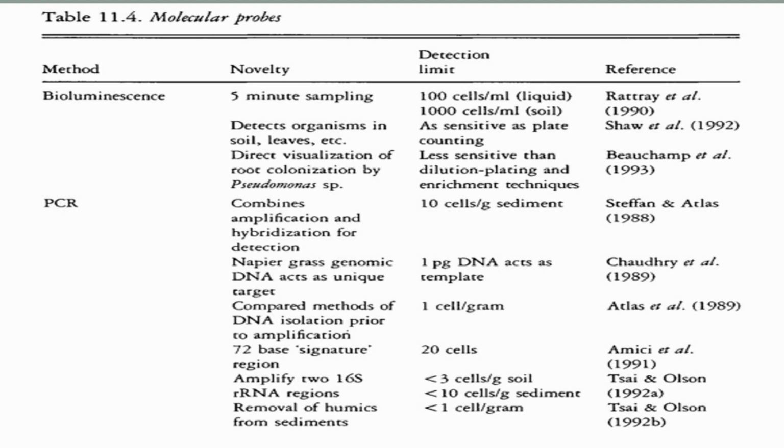It also has a detection limit of around 100 cells per ml if your sample is liquid, and around 1000 cells per ml if your sample is in solid form.